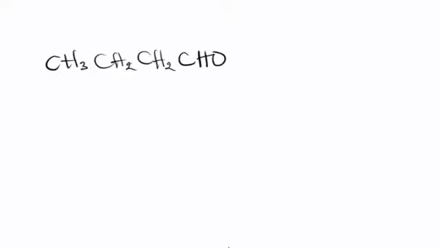What alkane has 4 carbons? That's butane. But in this case, I have the CHO functional group, the aldehyde. So I'll simply name this as butanal. So this is how simple it can be.